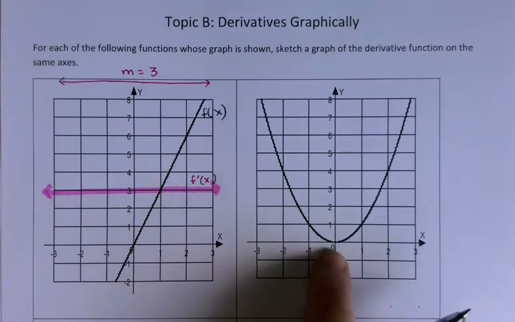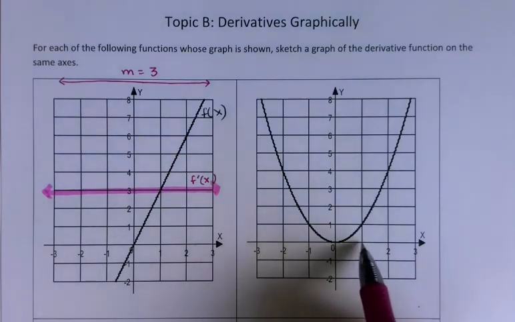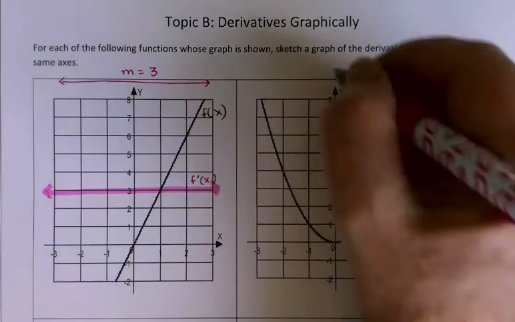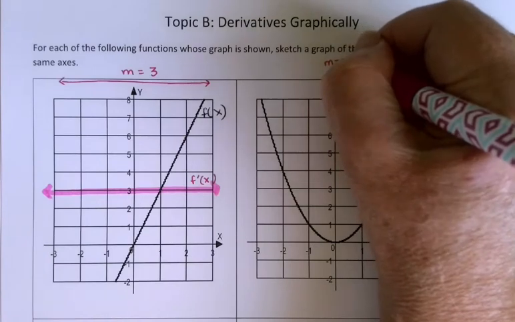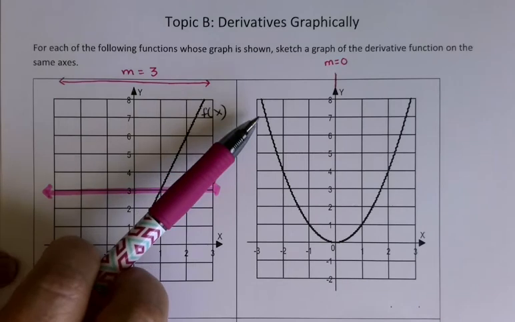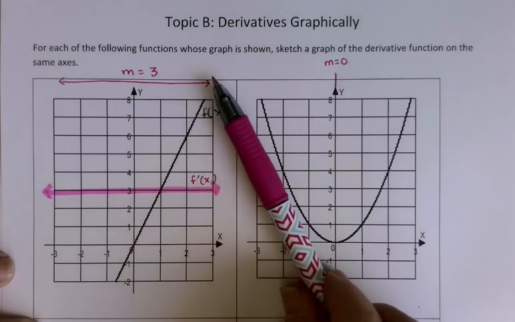Right here at x equals 0, right at that minimum point or vertex, if you were to draw a tangent line, it would be perfectly horizontal, meaning right here, the slope is 0. To the left of that, all of the tangent lines would be downhill. They would all have negative slopes.